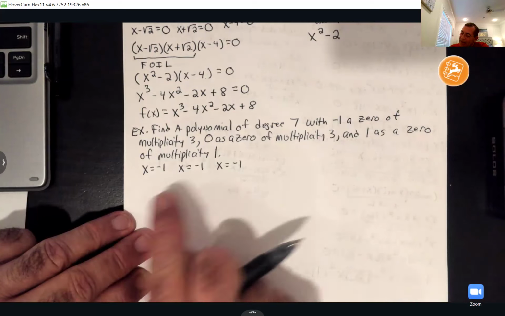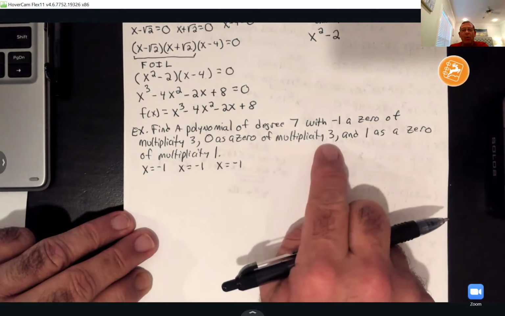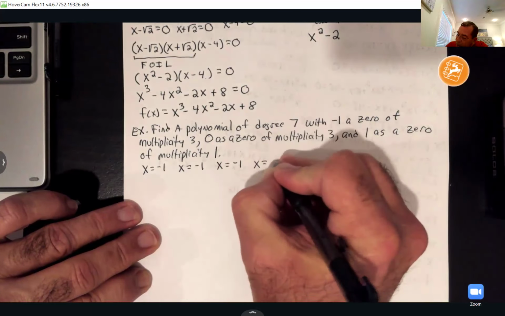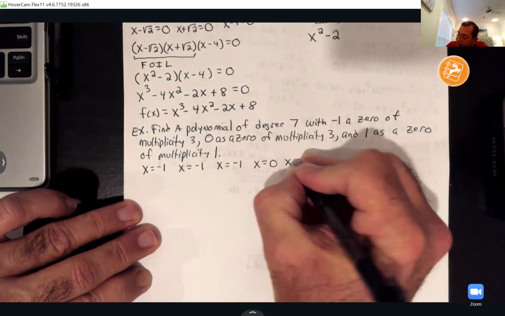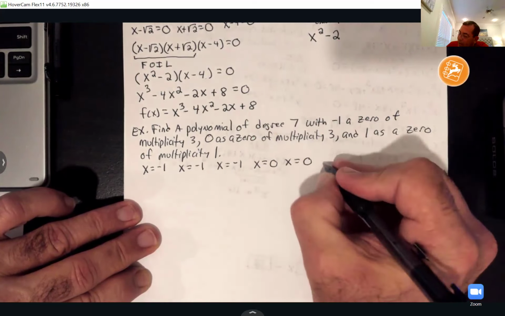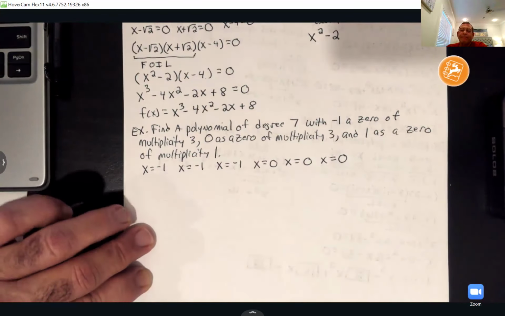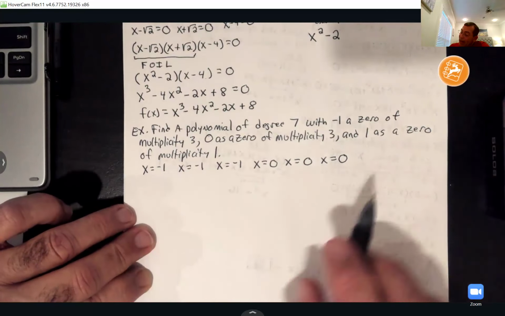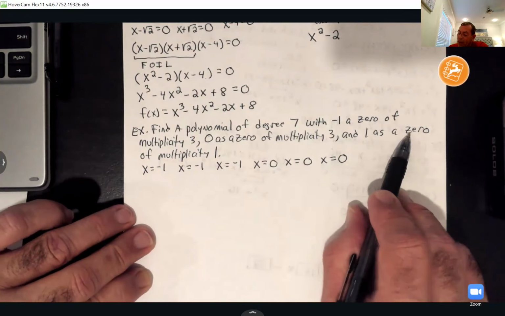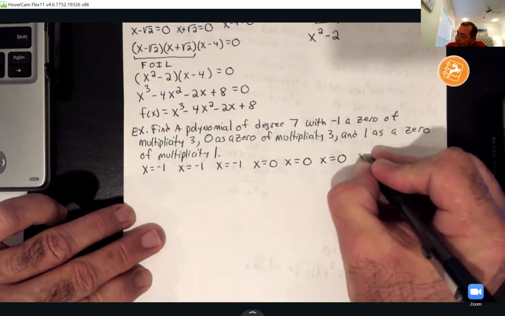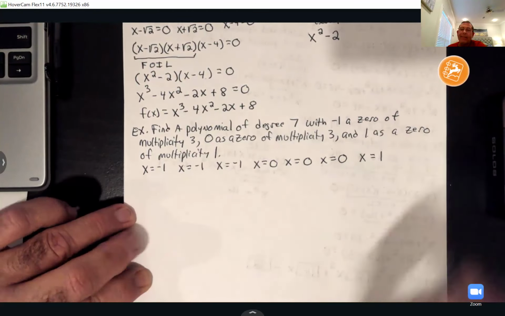All right, what was next? 0 is a 0 of multiplicity 3. That means x equals 0, x equals 0, x equals 0. And then finally, 1 is a 0 of multiplicity 1. So that means it happens 1 time. So x equals 1.